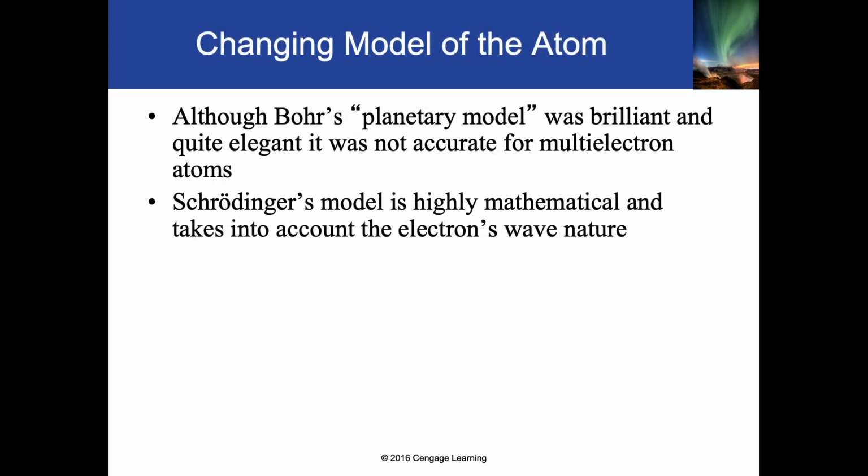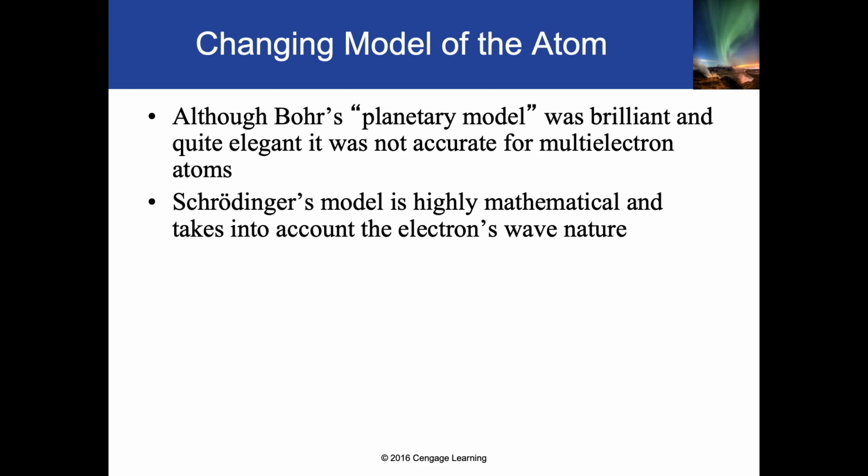So all this led to changing from the planetary model of Bohr, where we had a single electron, a nucleus in the middle, and an electron floating around outside of it, kind of like a planet, right? It was brilliant, but it wasn't completely accurate, especially for multi-electron atoms. And so now we have Schrodinger's model, which is highly mathematical. It takes into account the wave nature, and that's what we use now to figure out where the electrons' locations are and their energies.